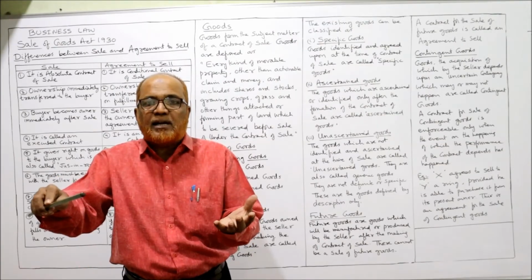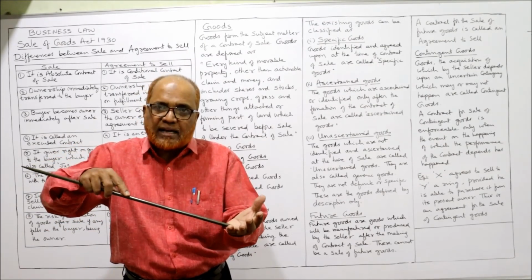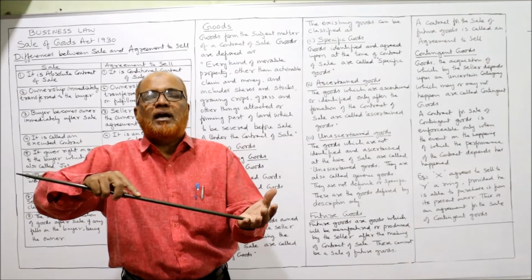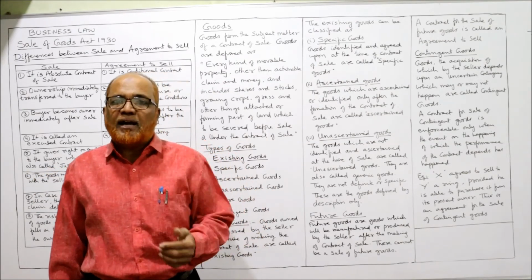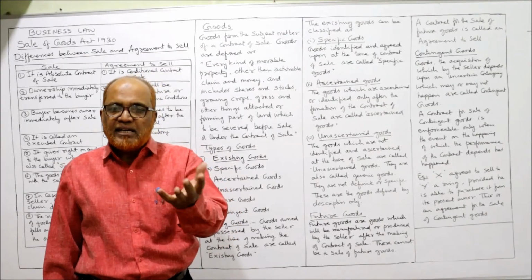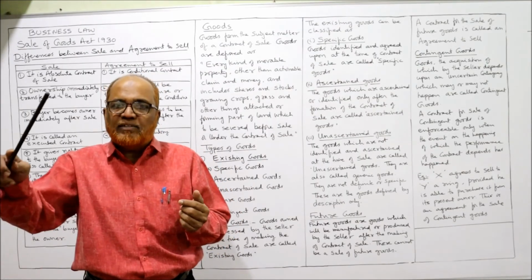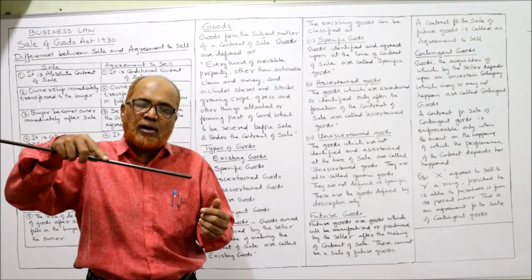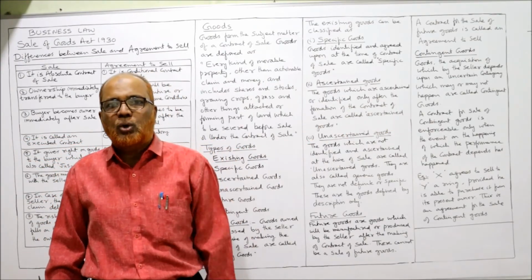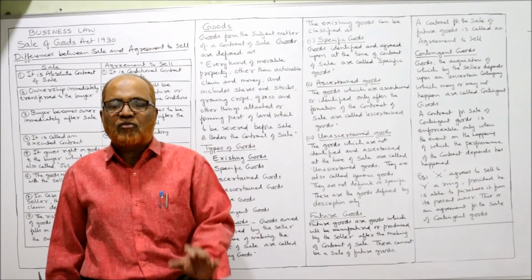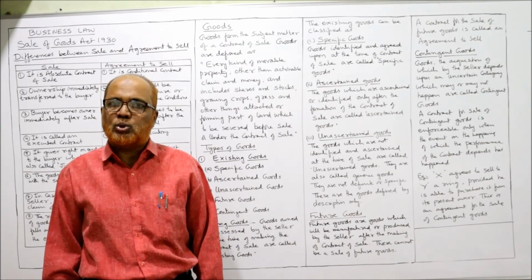So if the present owner sells the ring to X, then X can sell the ring to Y. That means the goods are contingent goods. The ring is a contingent good because only if the present owner sells the ring to X, can X sell the ring to Y. So this type of goods are called contingent goods.